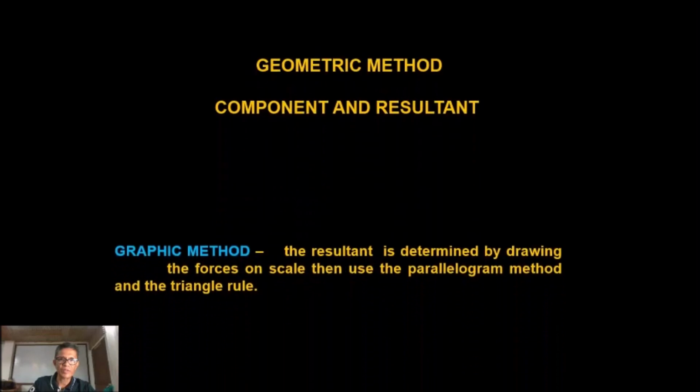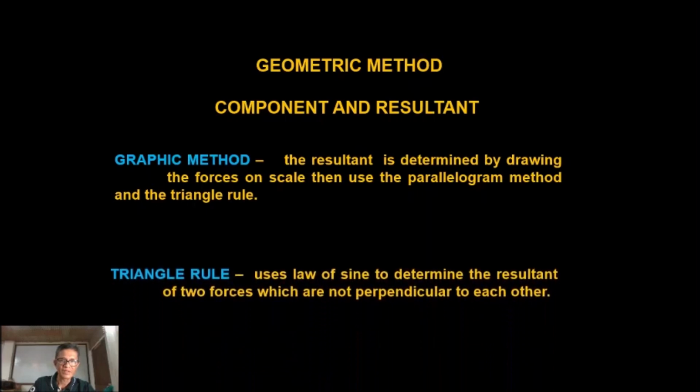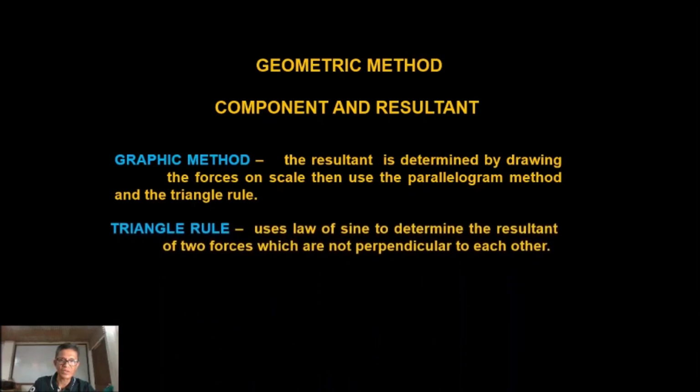So for the geometric method, we have the graphic method. We do this by determining the resultant by drawing the forces on scale, then use the parallelogram method and the triangle rule. So, ano ba yung triangle rule? I will just explain that in our example.